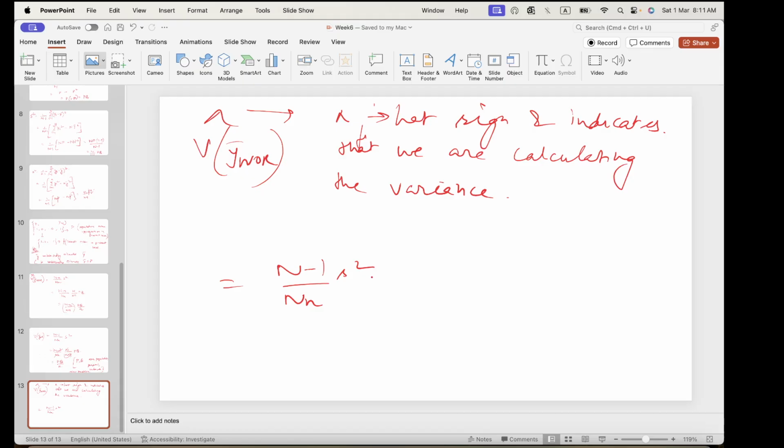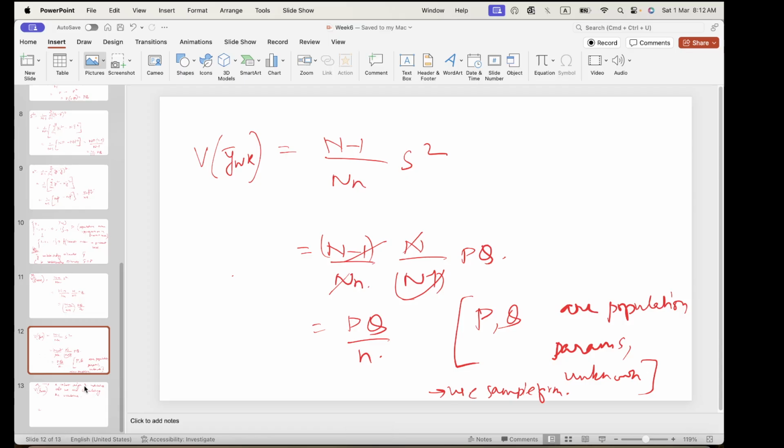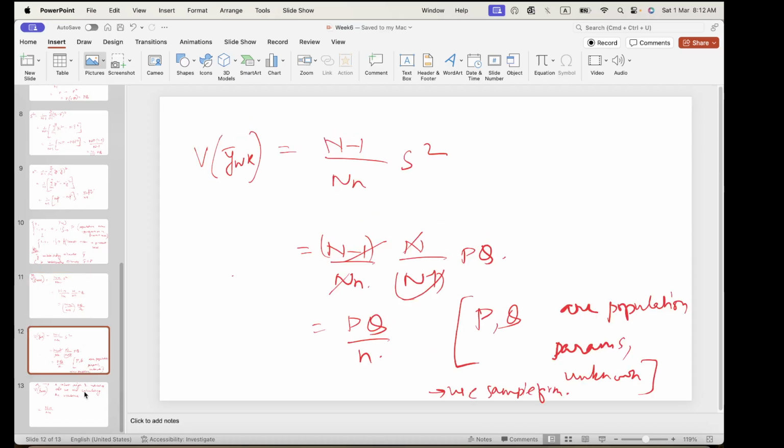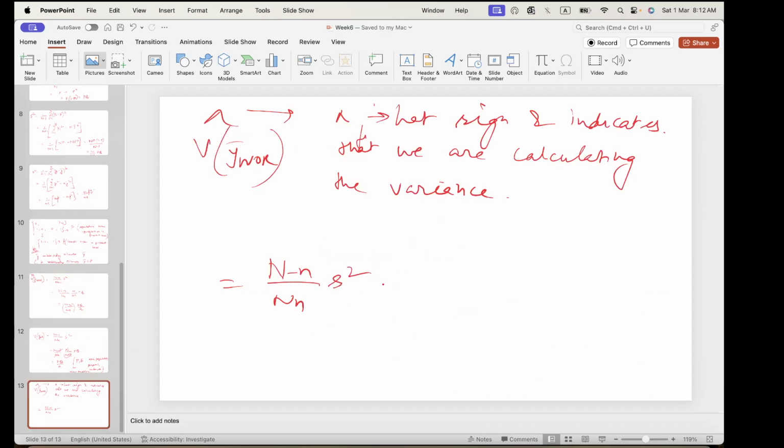Here if we expand, sorry, this shouldn't be n minus 1. We should have capital N minus n by Nn small s square. So this is (N minus n) by Nn, summation i equal to 1 to n of (yi minus y bar) whole square by (n minus 1).